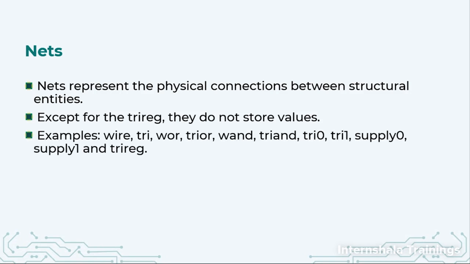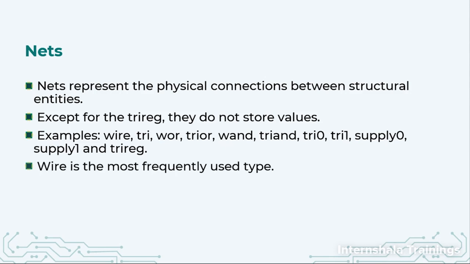Some of the examples of nets are wire, tri-state, wire with OR, tri-state with OR, wire with AND, tri-AND meaning tri-state wire with AND, tri-0, tri-1, supply 0, supply 1, and tri-state register.